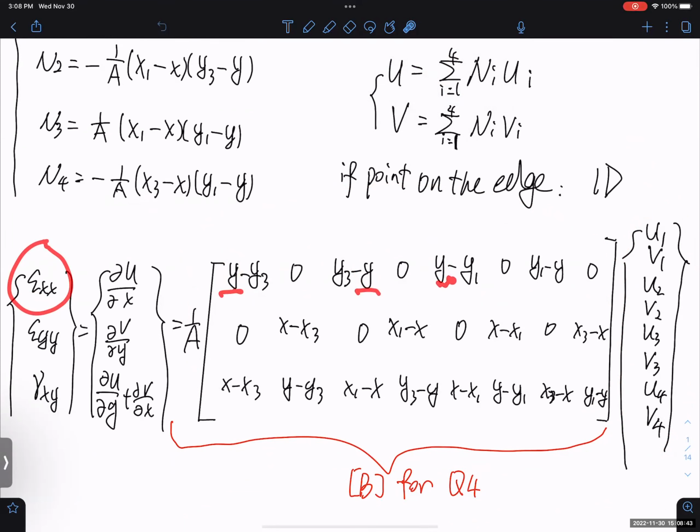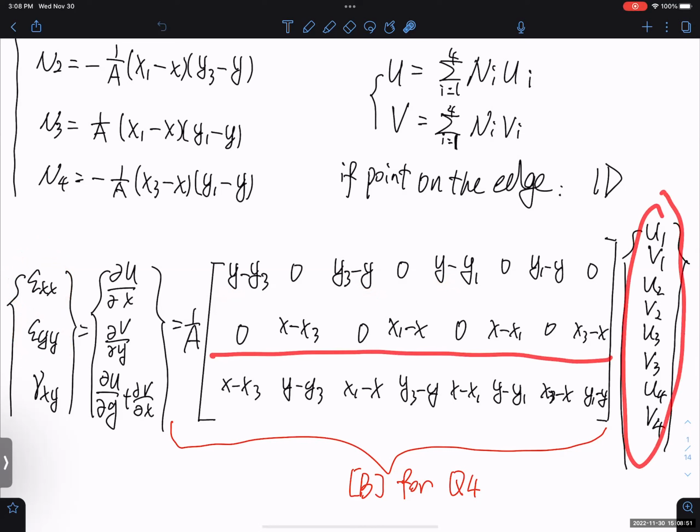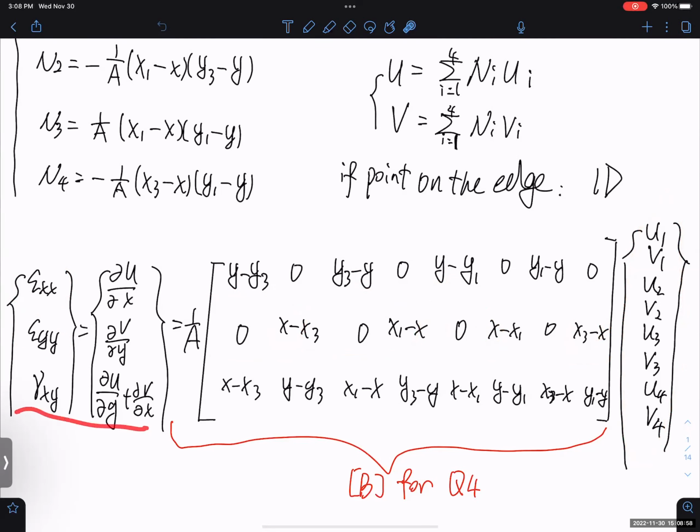And strain in the Y direction can represent the linear change in the X direction because there's a variable X here. And shear strain can represent the linear change in both X and Y direction.